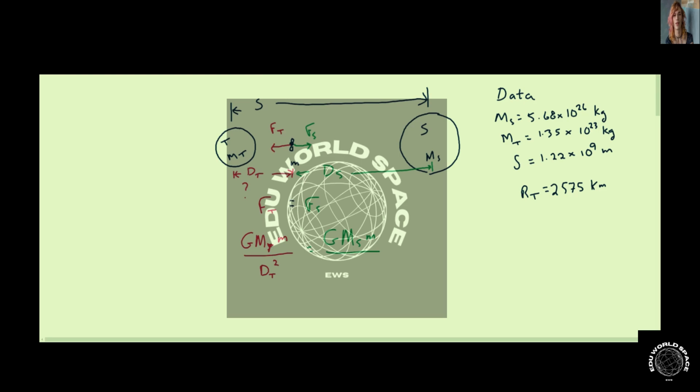And instead of putting ds, what we're going to note down is that ds is a constant distance s minus that Titan distance. And that all goes into the denominator squared.